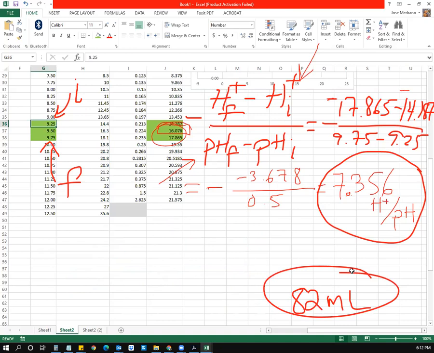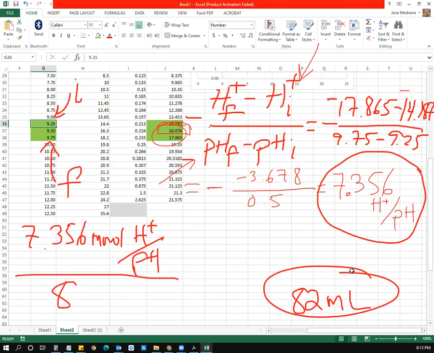So 7.356 millimoles of the acidic titrant per pH, divided by 82 milliliters.